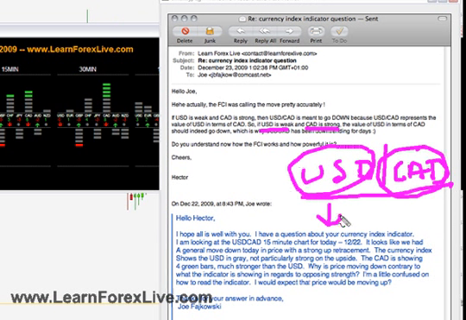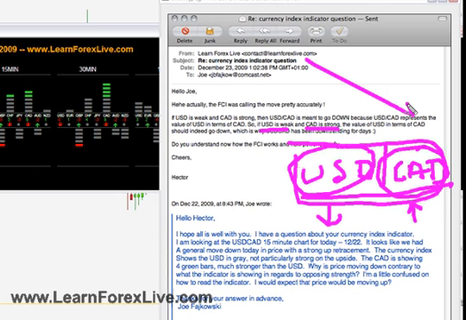This one goes down, this one goes up, and therefore as a whole the American dollar against the Canadian dollar should be going down. That's why I was saying that the Forex currency index was actually calling the move pretty accurately. I'm sorry you missed it.